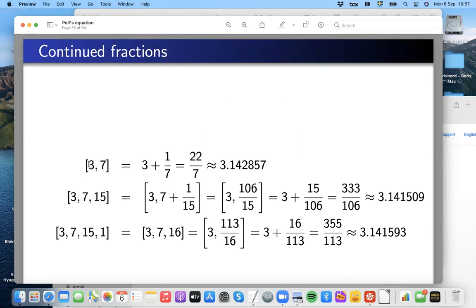So this is, for example, what happens if we have some sequence of positive integers and add another positive integer. So here we start with 3, 7, then add 15, then add 1, and we'll get this 22/7, this, and then this, and this would be bigger than that, that would be smaller than that.